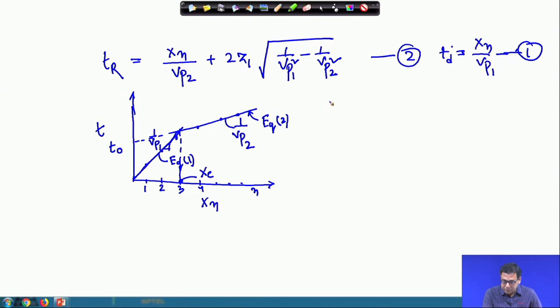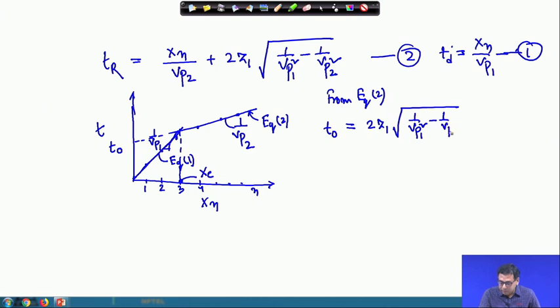Putting this value in equation number 2, T_0 will be equal to 2 z_1 root over 1 by V_p1 square minus 1 by V_p2 square. 1 by V_p1 I will get from the slope of this line, 1 by V_p2 I will get from the slope of this line, and T_0 I will get from the curve. Then the only unknown is z_1, so I will get the z_1 value. This is one way we can calculate z_1.